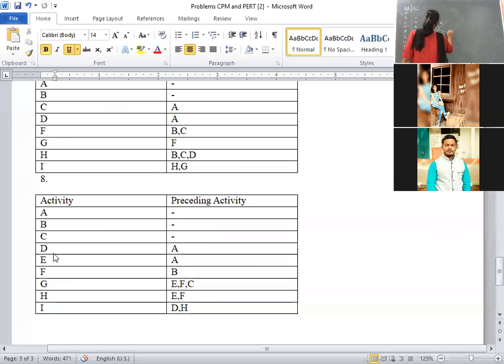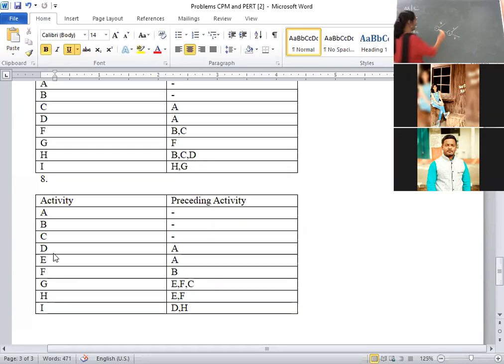Then A is completed, then C. A is completed, then D.